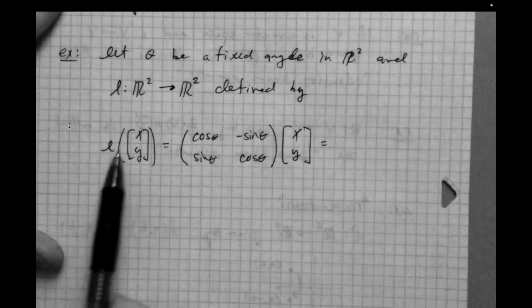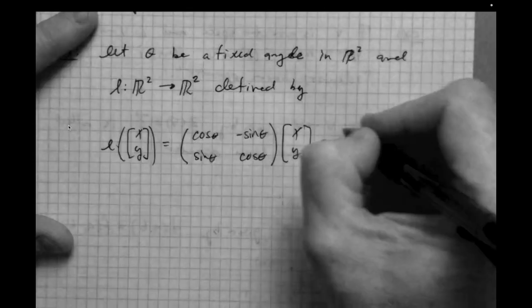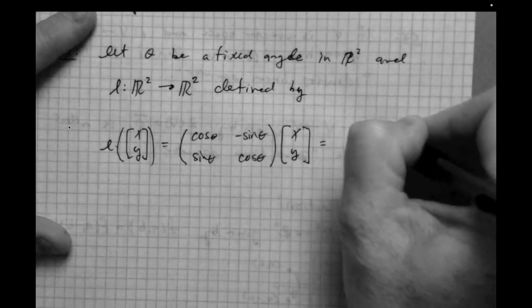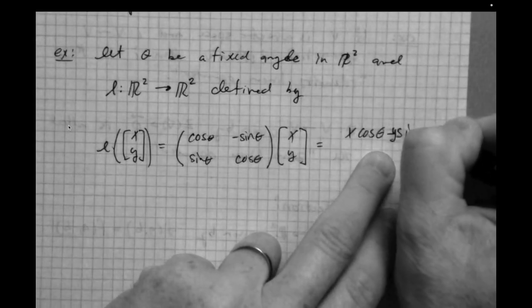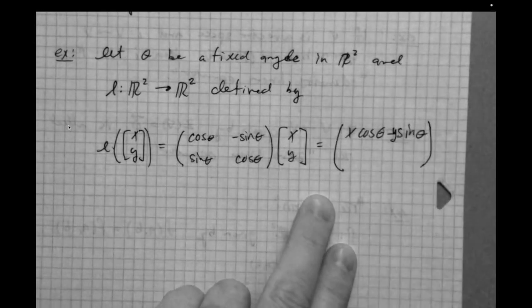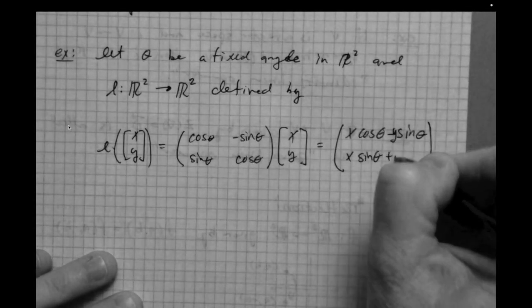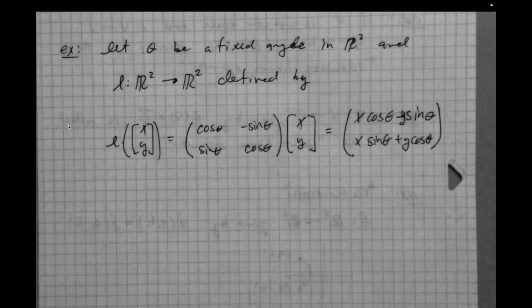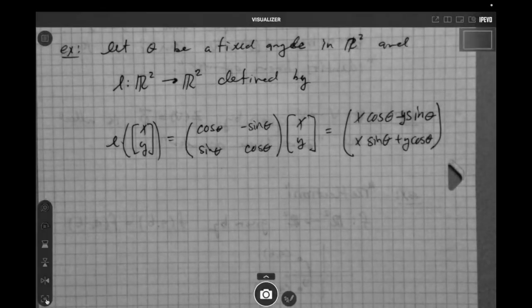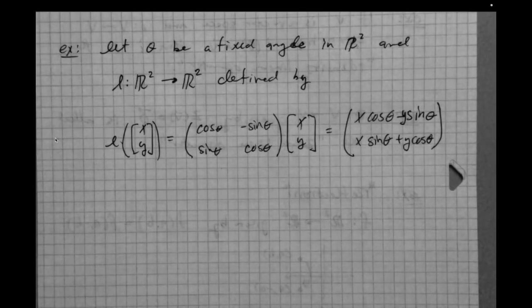Basically, the function L takes whatever (x, y) is and multiplies it by this matrix. In this case you get x cos theta minus y sine theta as the first component, and x sine theta plus y cos theta as the second component. You could spend some time doing some plotting to figure this out. You really just need a couple of examples and you'll see what's going on.